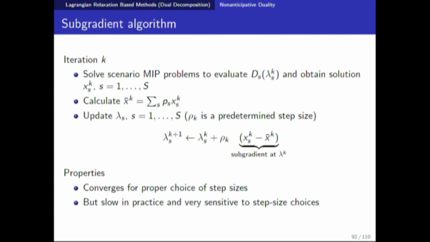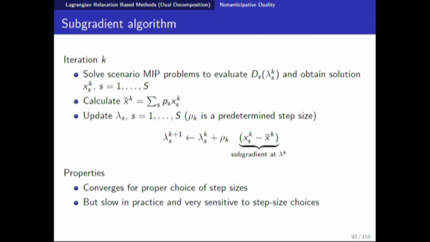You solve all your integer programming subproblems, and you get these solutions, x_s^k, as the first stage solutions. You calculate the average of all those subproblem solutions, so you get this x bar^k, which is the average over all of them.